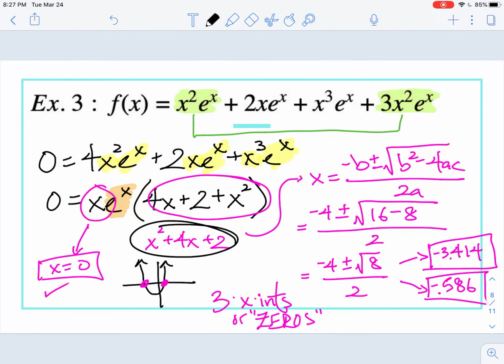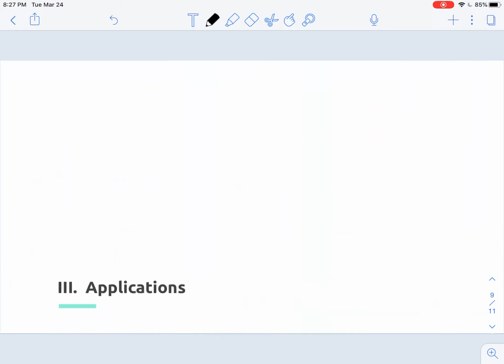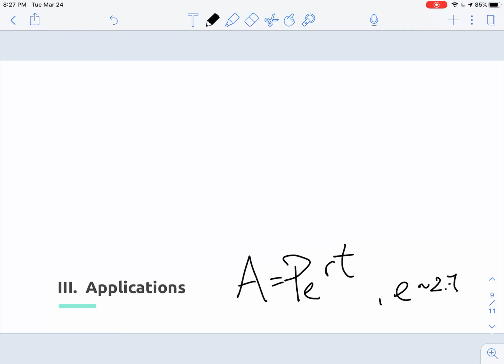All right, let's move on to the second part of this section, which is applications. Now, there's one formula that we're going to use for both of these applications, and that is A equals P e to the RT. And yes, that little e is exactly the e that we talked about from earlier, and e is around 2.718.